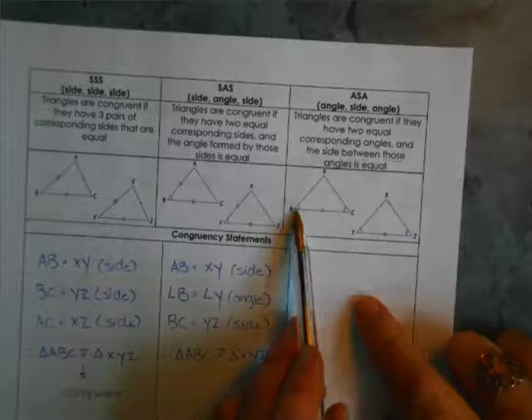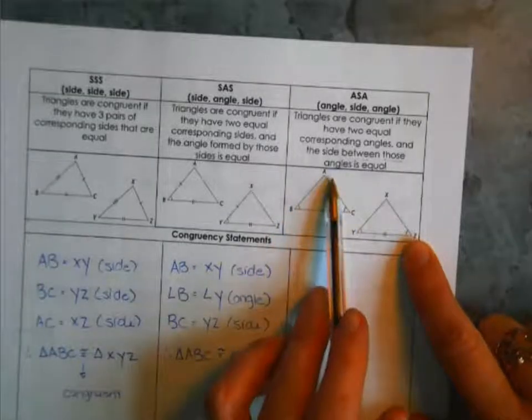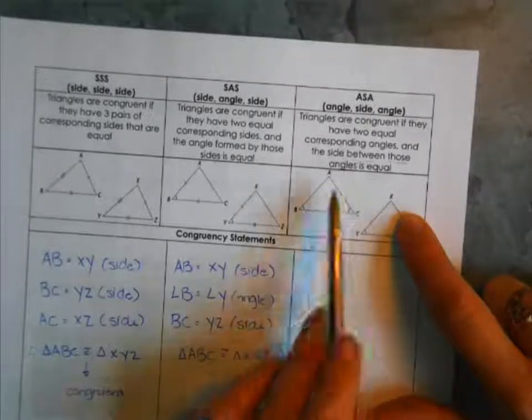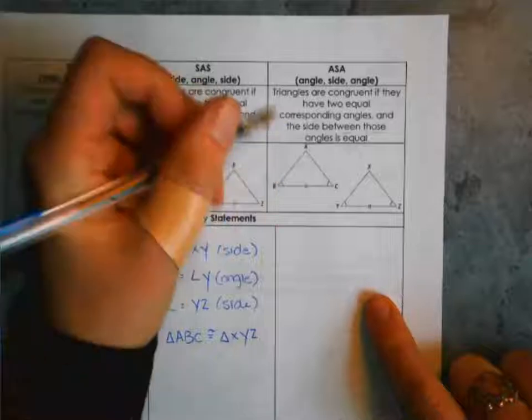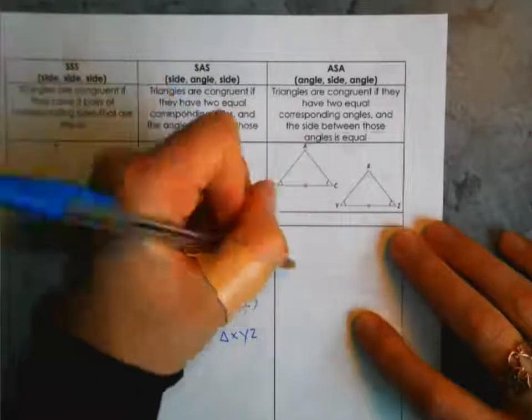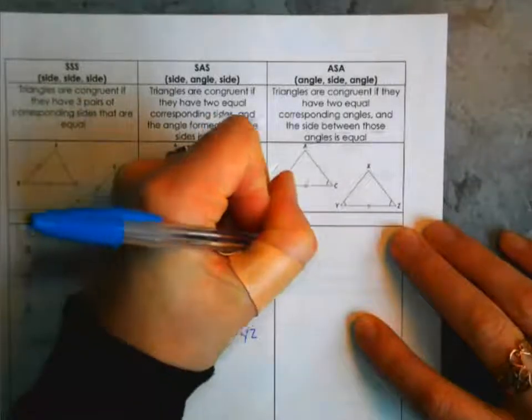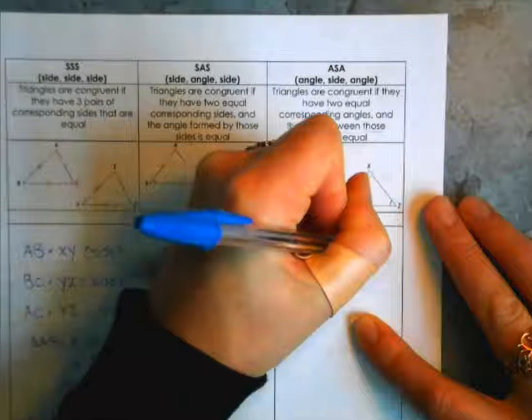So for example, we couldn't have angle B and angle C congruent to Y and Z with, you know, this side being the same one, because the side isn't in between the two angles. Okay, so really quickly, how would we write out the proof? Well, we have to start out with angle B being equal to angle Y, and that's an angle argument, so we can write that in.